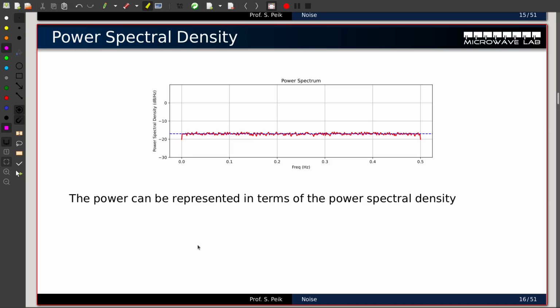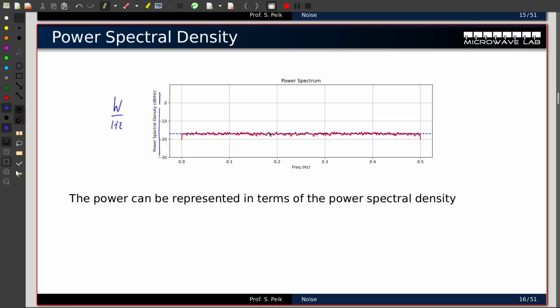Now let's take a closer look at our signal here. As I said, the power spectral density here is constant. In this case, it's minus 18 dB per hertz. dB per hertz means there's so much power, or watts per hertz, in the signal per hertz bandwidth.